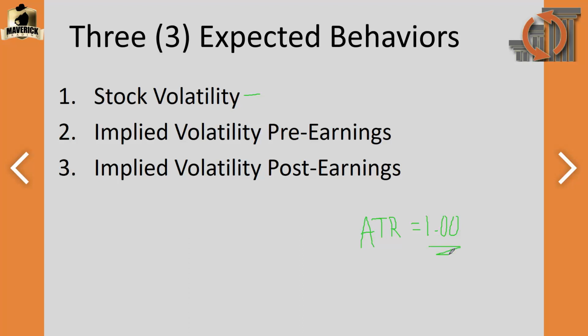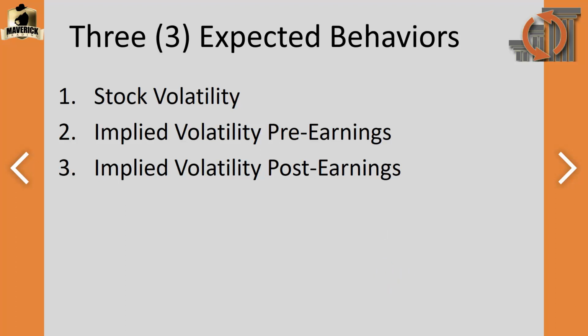That's just its average. Well, if you were betting and a company were reporting earnings, would you expect the volatility to be greater than its normal ATR? And hopefully everyone's saying yes. I would expect the stock on its earnings announcement to move more than normal. So if the ATR is at $1, I'm going to expect $2 or $3 of movement.